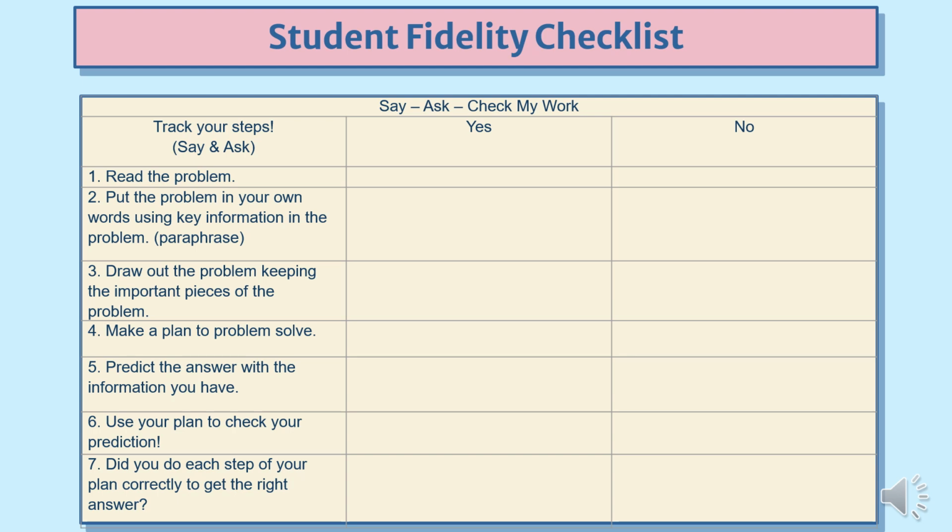After each problem, they should complete the checklist identifying whether or not they were successful in completing that step. If they weren't able to be successful, they should leave their original work and complete the say, ask, check model again. Upon completing their assignment, they should additionally complete a self-corrections checklist.